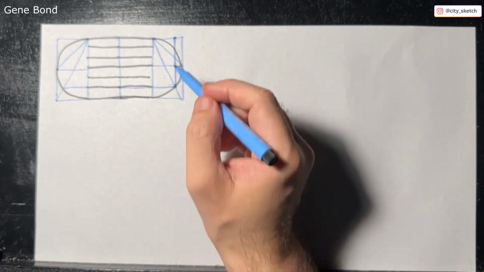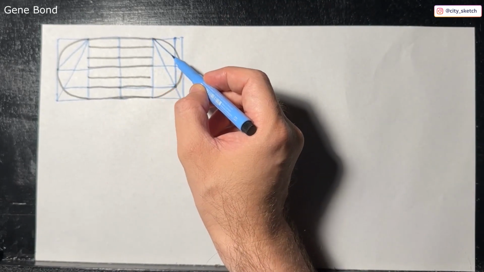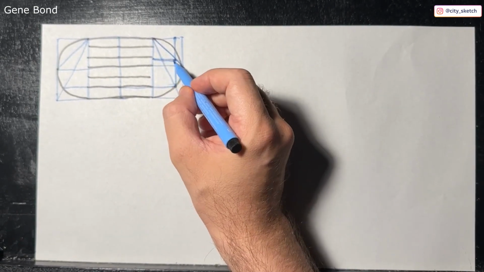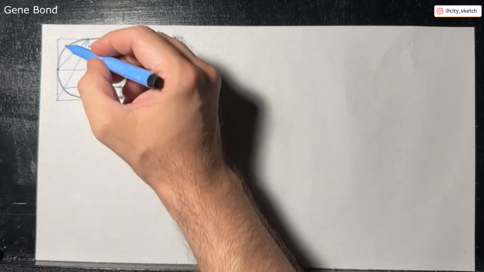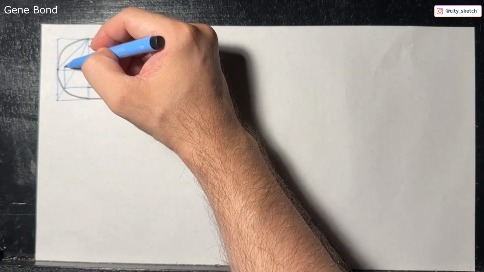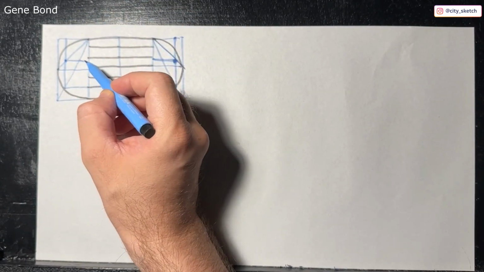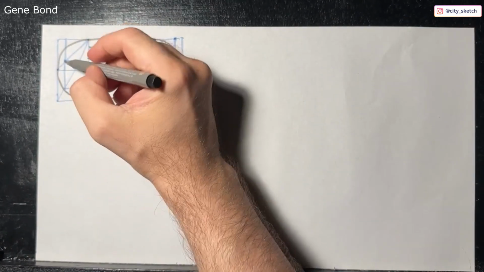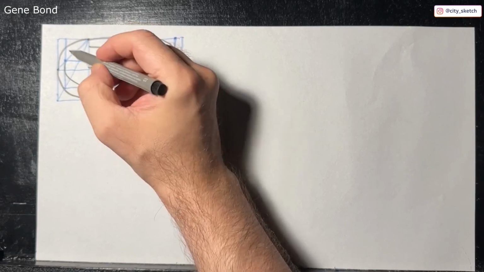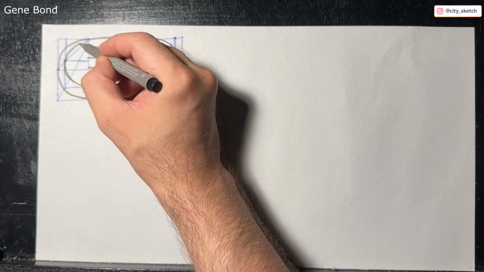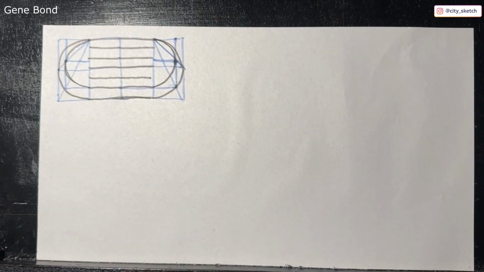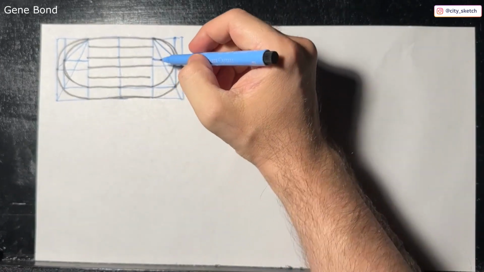So now where it intersects with this center line, here it will be the top. So this top here, where I draw this curve. Same here.